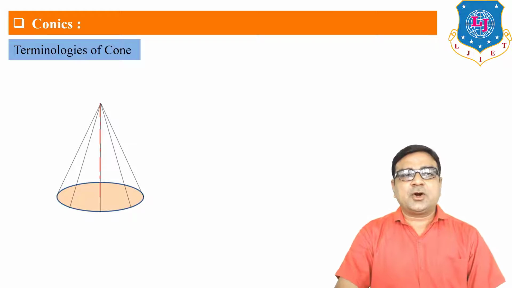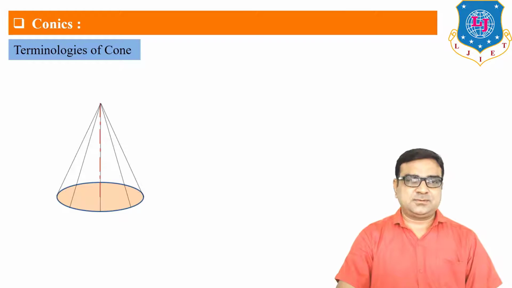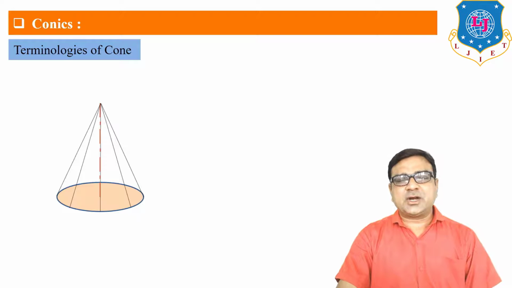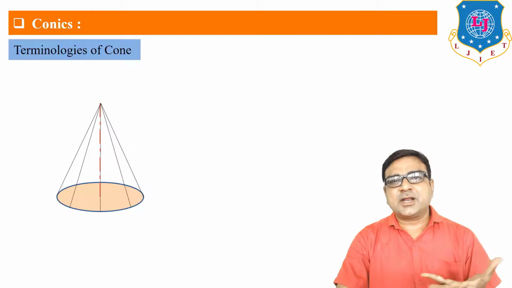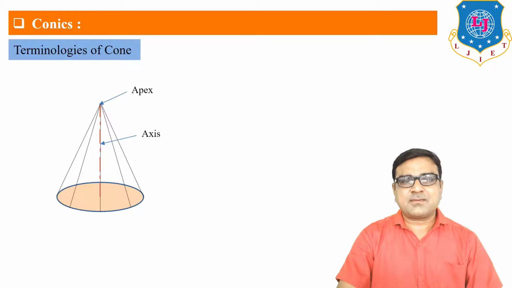Now for conics, first of all we have to understand what a cone is, or the terminology of the cone. A cone is a solid object which has a circular base and one apex. The axis of the cone passes through the apex and the center of the base.